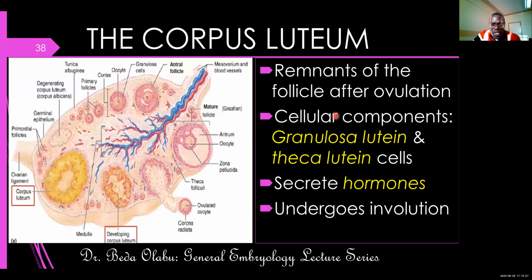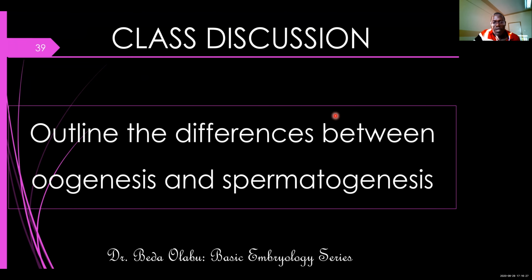It only lasts 14 days from the time it is formed up to the time it disappears, 14 days. These 14 days represent the second half of the female reproductive cycle, where the ovulation is mid-cycle, and before ovulation, it was the time that the follicles were maturing. Good. That is the process of oogenesis.